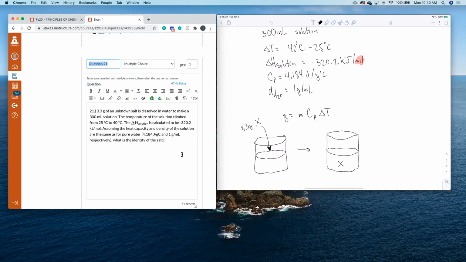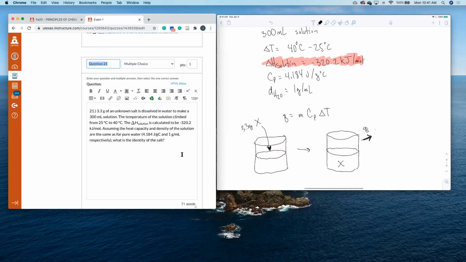And so now X is dissolved in here. What I see is heat flows out of the system. So I get some Q off of that. That's what this number is here. Right, so Q flows out of the system.